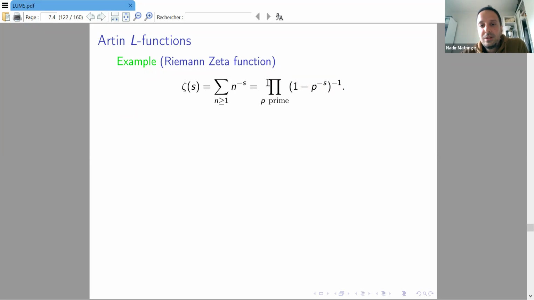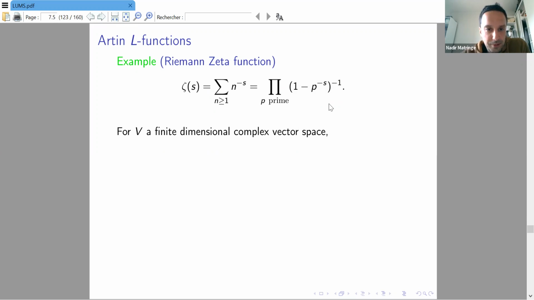This Euler product makes sense for real part of s sufficiently big, and then you extend meromorphically. So you do the product over all prime numbers p of these quantities, the inverse of 1 minus p to the minus s. And so you have two different expressions. The first one is a Dirichlet series, and the second one is an Euler product of the Riemann zeta function.